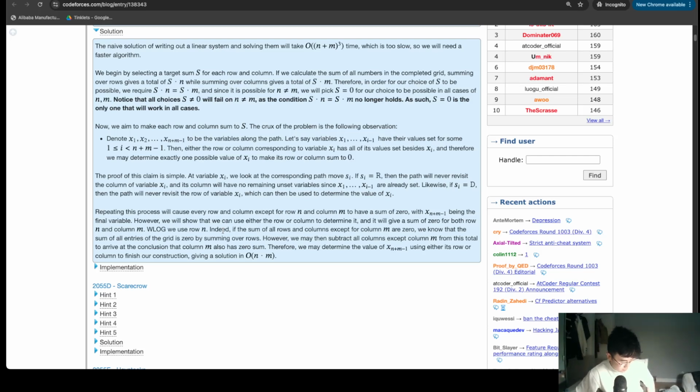The sum over the entire matrix, the entire grid, is 0.